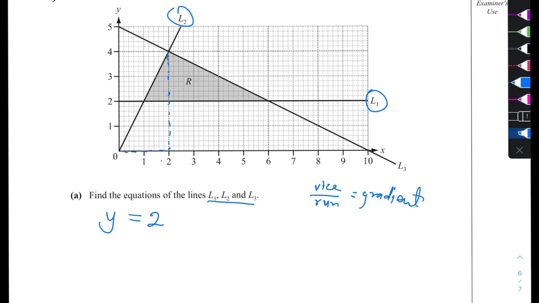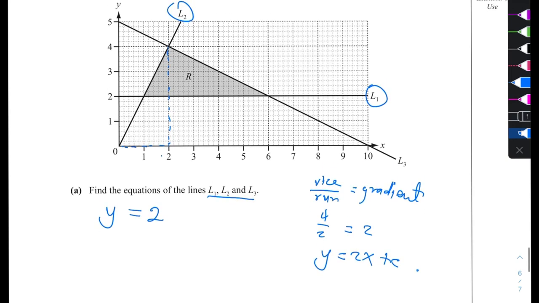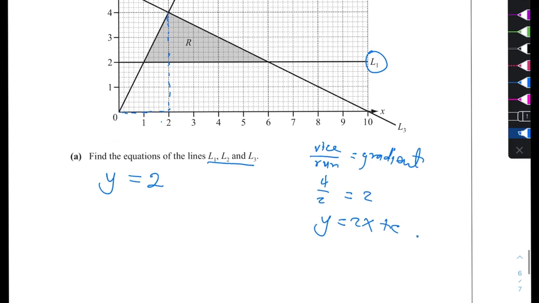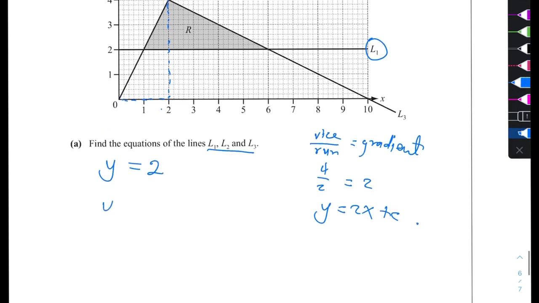If you look at the line, it is positively sloping, like that, and then the rise is from this all the way to here, which is 4 units, and the run is from here all the way to this place, and that's 2 units. So your gradient is 2. So you have y is equal to 2x plus c. Now, how do we find the intercept? Well, the intercept, which is c, is the part that it crosses the y-axis, and that's 0. So that means that L2 is basically y equals 2x.